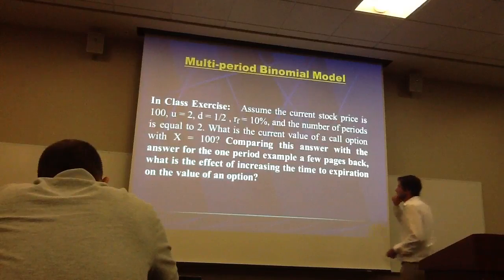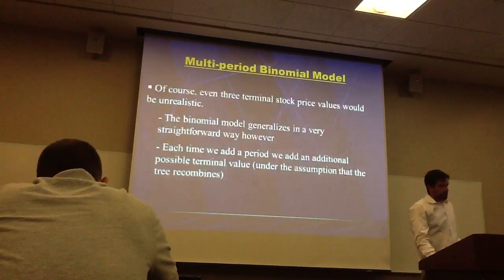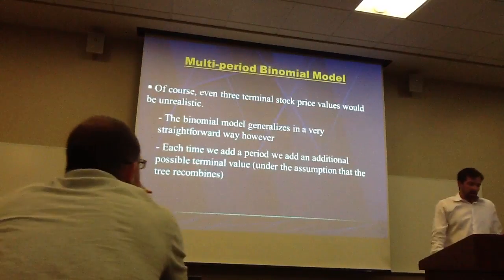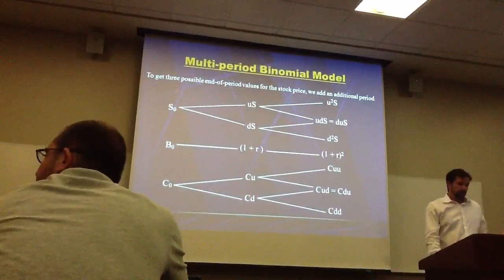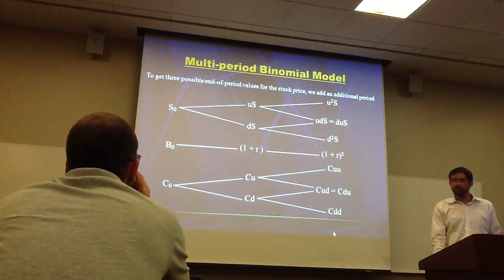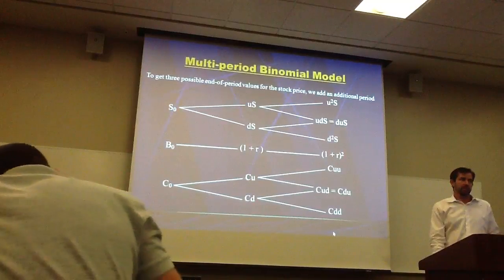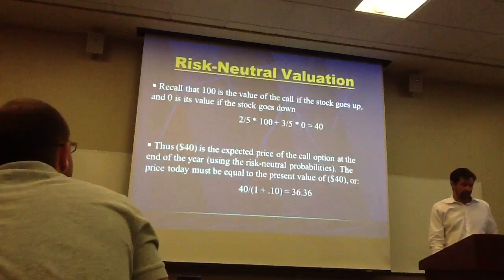Assume you have 2 periods, same model, moves up, up, we get to 400. So we just did this. All right, so even if we have 3 terminal values, and again, if you have 2 periods, 1, 2, you have 3 states. If you have 3 periods, you have 4 states. 4 periods, 5 states.